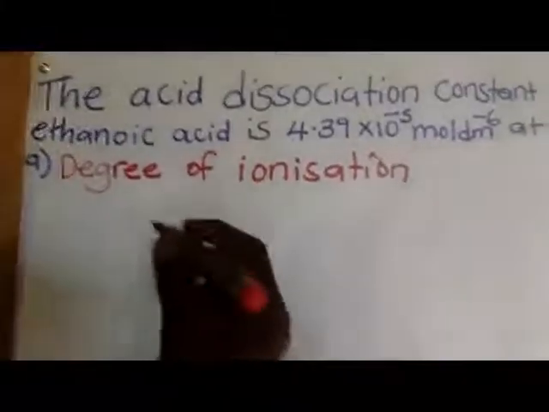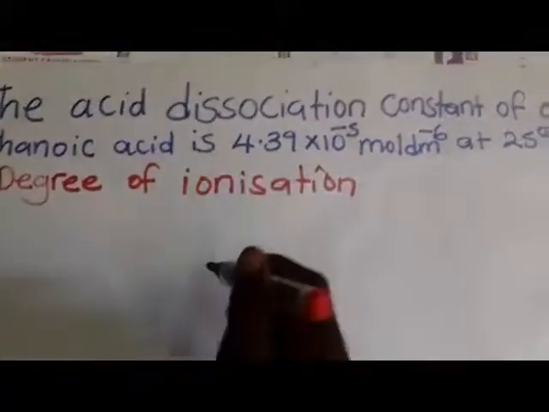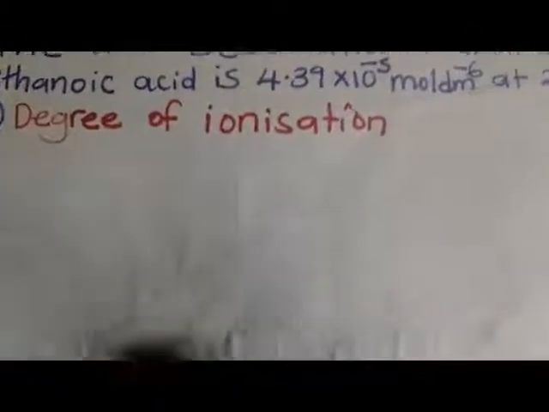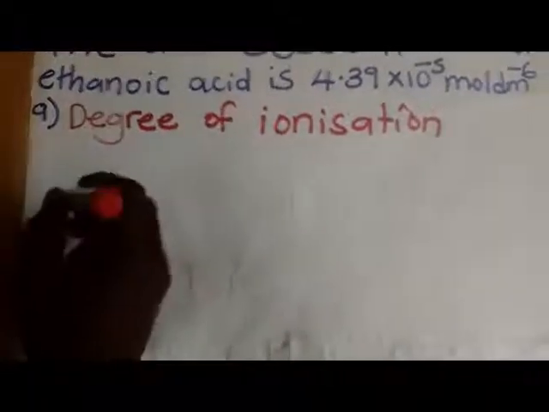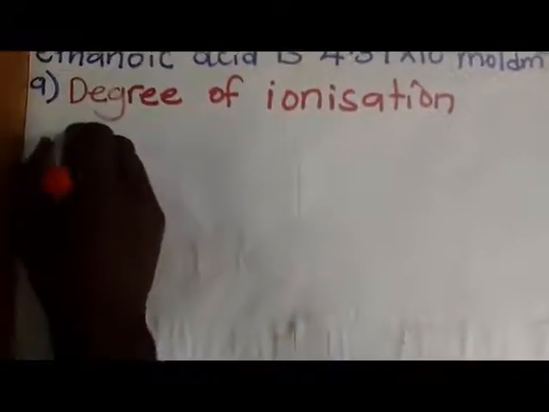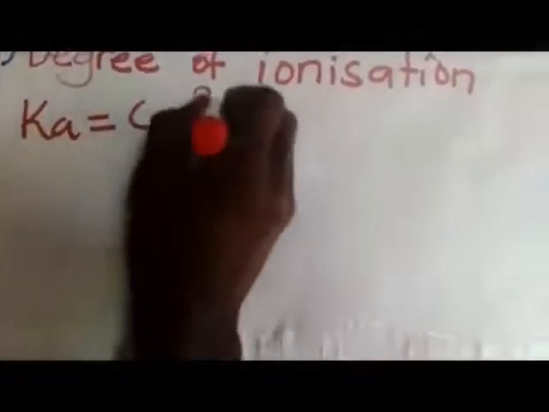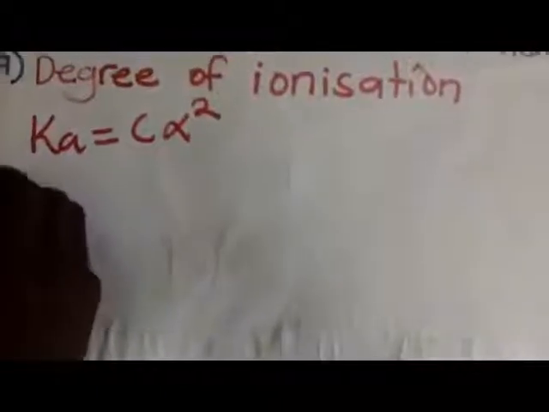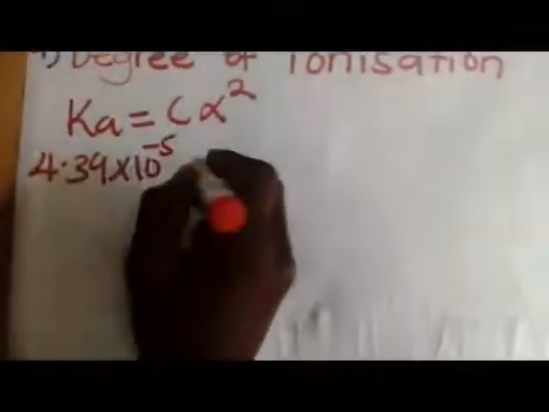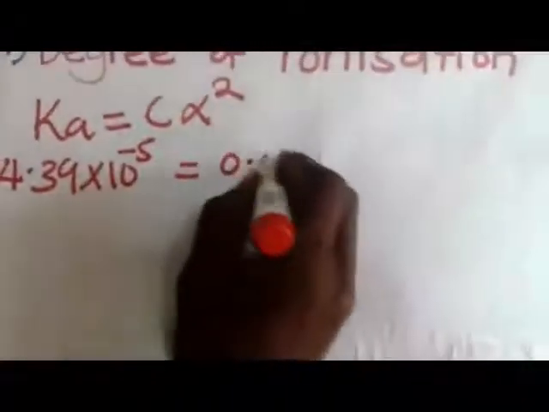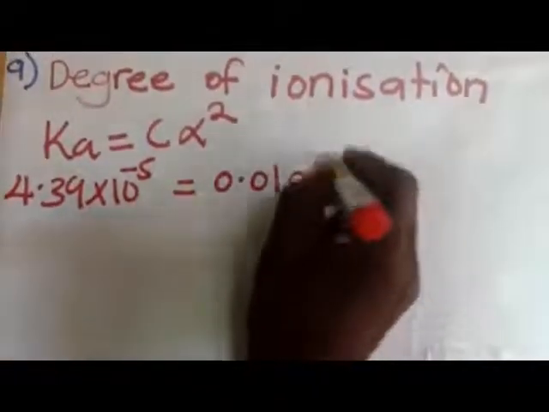So let's solve this task. The acid dissociation constant of 0.1 molar ethanoic acid is 4.39 exponent negative 5 at 25 degrees Celsius. They want us to calculate the degree of ionization. But we earlier said, from Ka equals C alpha squared, we have Ka, which is 4.39 exponent negative 5, equaling C, which is concentration 0.1 molar, alpha squared.